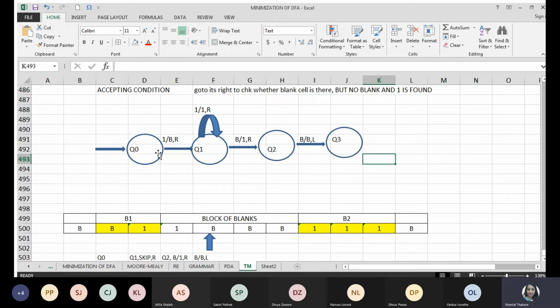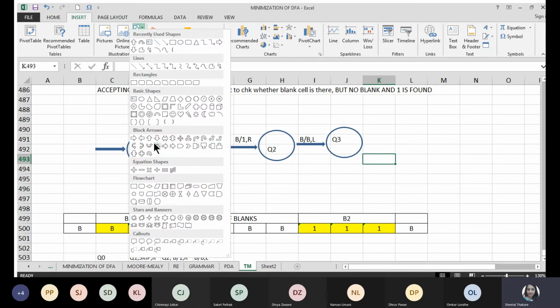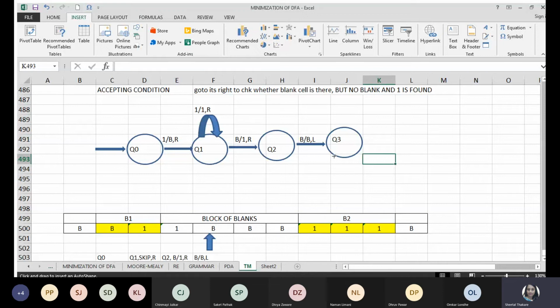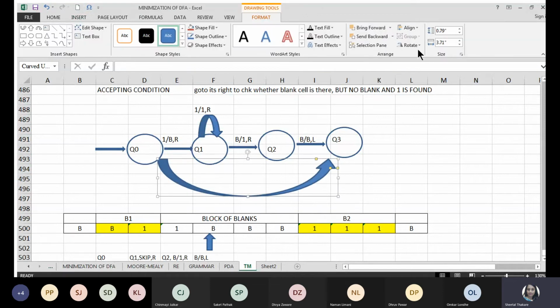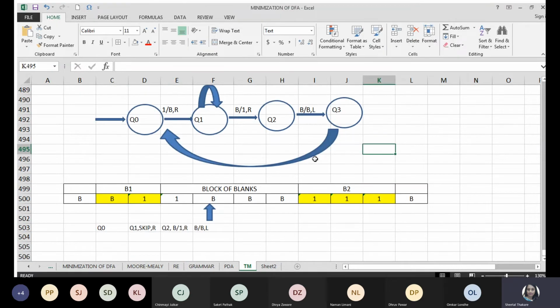So यहाँ पे आना है आपको. Using what transition will come here? If it is B, let it be B, come here.